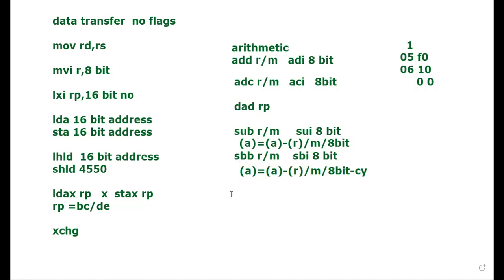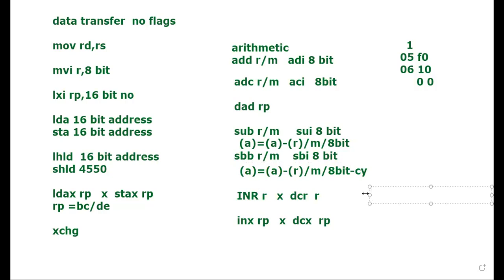Then most important which you need are nothing but INR register. Exactly opposite is DCR register. Then you have INX. X जेव्हा जेव्हा असेल तेव्हा register pair असते, DCX register pair. INR instruction will increment the register contents by 1.